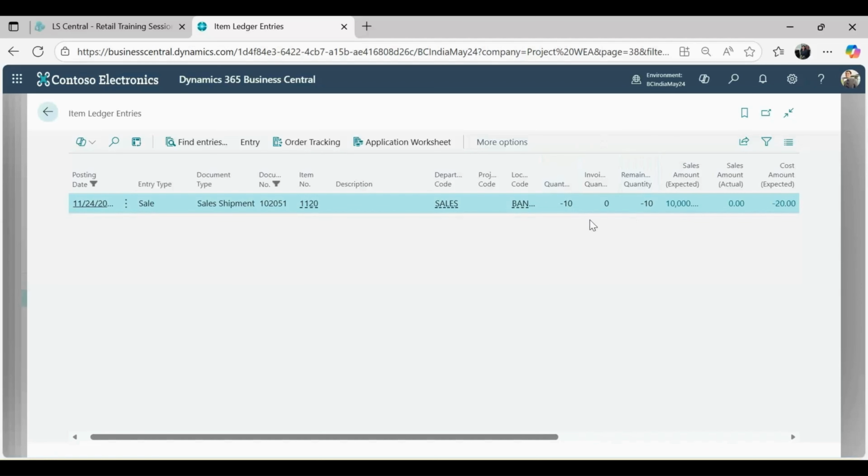The invoiced quantity column indicates how much of the shipment is actually invoiced to the customer. So far, since we have not invoiced anything, it remains at 0. We have the remaining quantity column. This column represents how much of the entire stock is still left in our location. Let's have a look at the value entries.